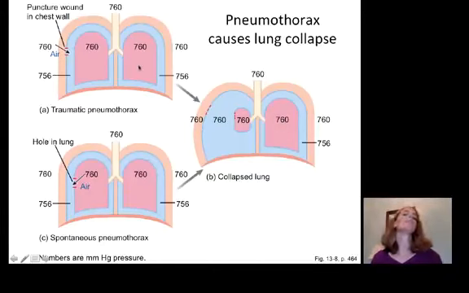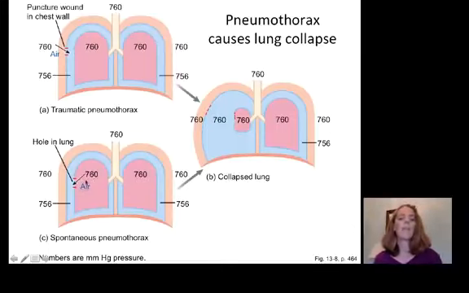Here's what happens when you have a puncture either in the chest wall or a puncture in the lung wall. If you have a puncture in the chest wall, then the air will move into the pleural cavity and equilibrate. That then will cause the lung collapse because everybody will be at 760 and that lung will no longer be coupled to the chest cavity.